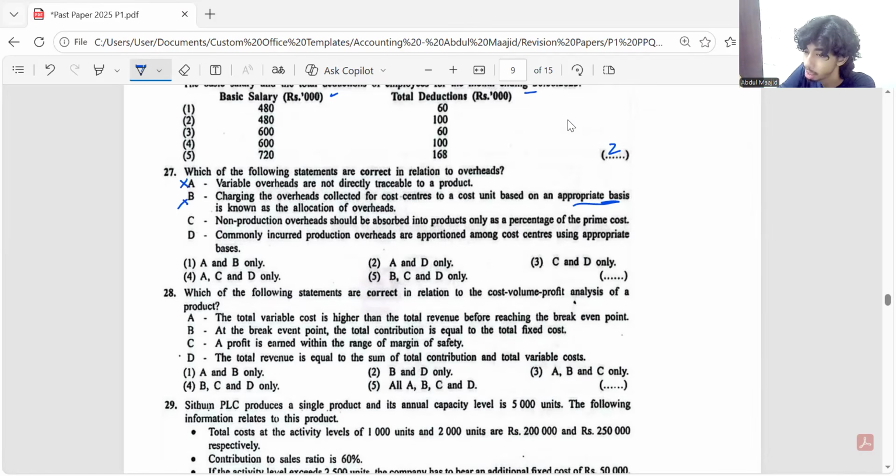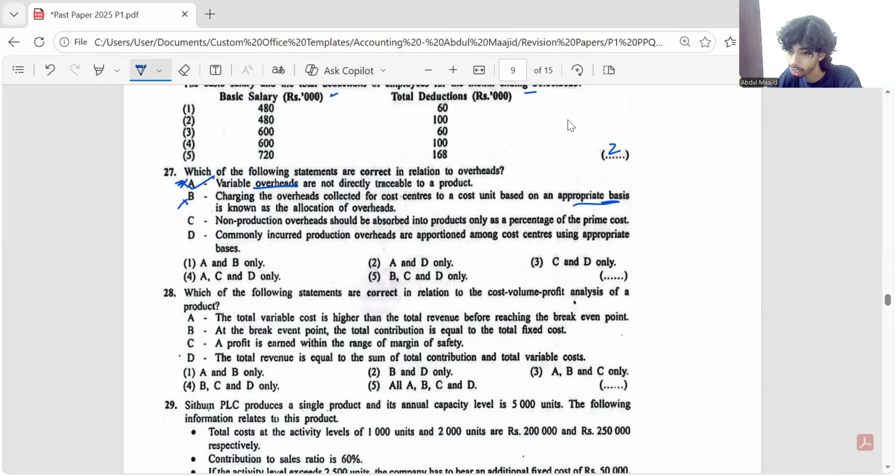Sorry. Here, this is variable overhead, not just variable cost. Normally, variable costs are the items that change with the increase in the unit. Now, here, variable overheads are not directly traceable to a product. That is correct. For example, variable overheads, you can take painting expense. Paint is variable, right?